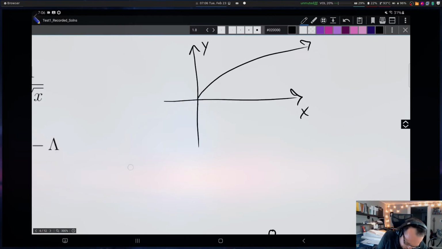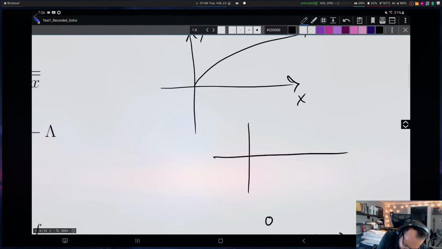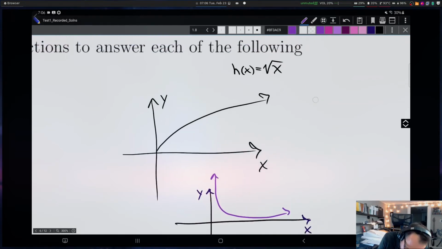And then I just have to think a little bit about the graph of 1 over x. I also know that 1 over x has something like this going on. This is y, this is x, so maybe let's call this h0 of x, and this is h1 of x. This is 1 over x.